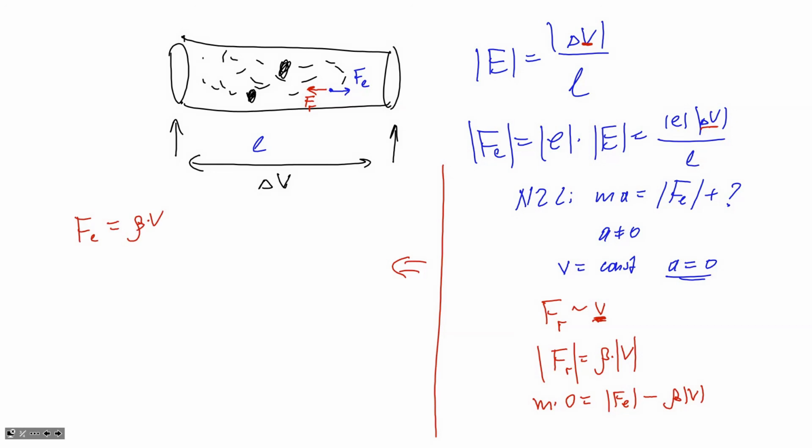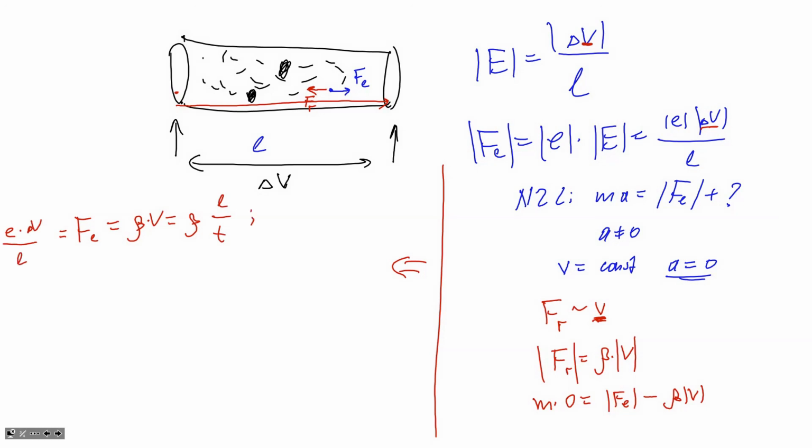So if we take a look at one electron traveling through this wire, the speed will be equal to distance over time to travel, and it will be related to the magnitude of a charge times voltage divided by distance.